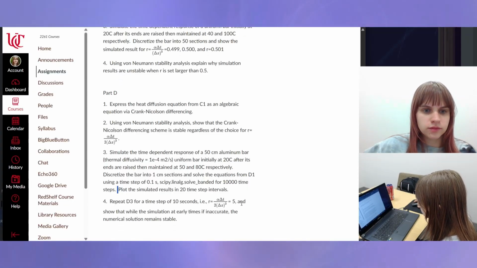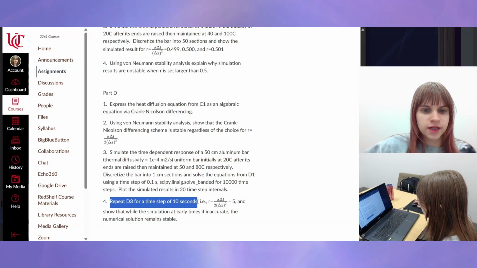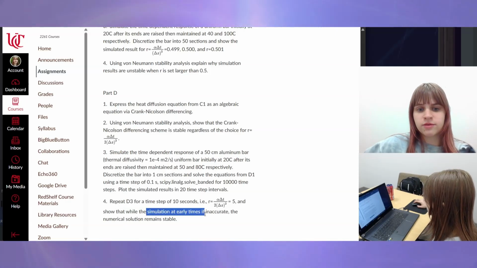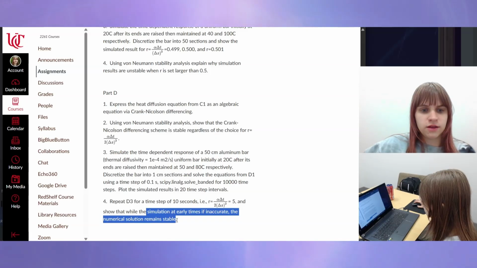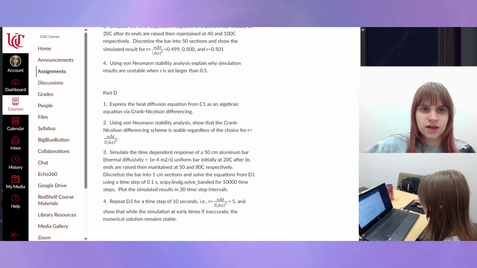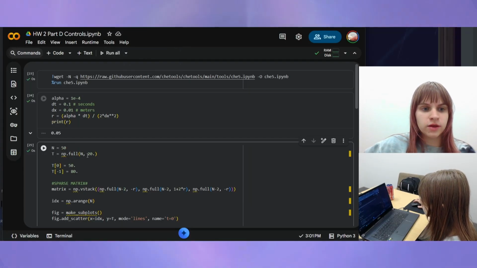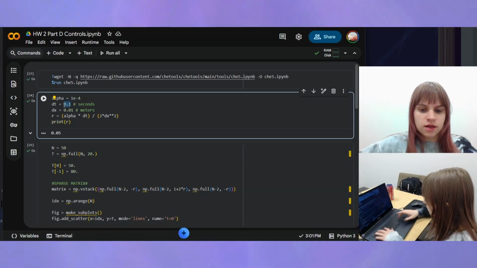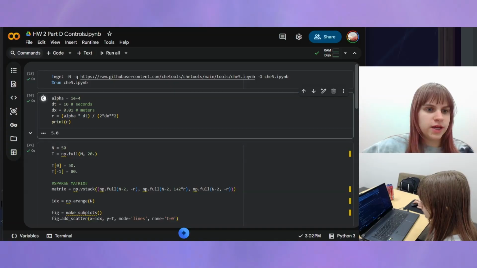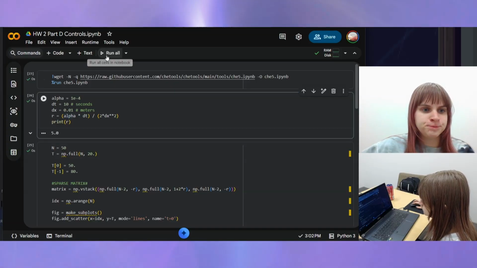So what we want to do now is repeat D3, but for a time step of 10 seconds. So R will be 5, and show that while at early times it can be inaccurate, the numerical solution remains stable, unlike what we saw in part C. So dt is 10, and that should make R 5.